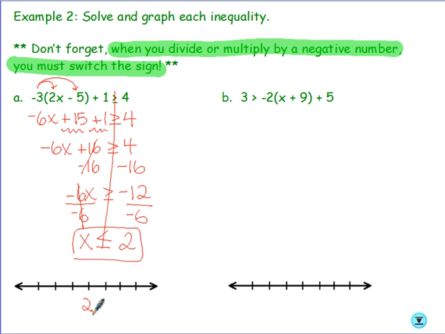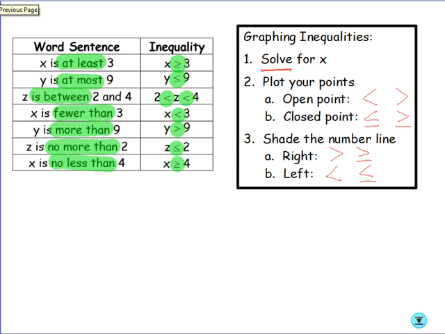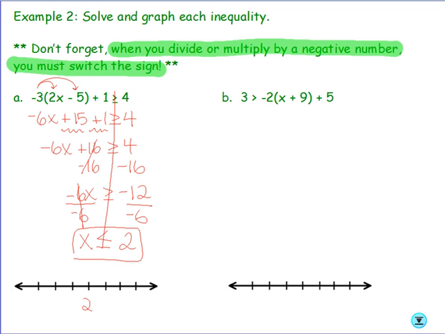Well, if we look back at our rules, when we have a bar underneath, we have a closed dot. So we are going to make a filled in dot at that 2. Then, because the arrow or the symbol is pointing to the left, I am going to shade to the left. And that is all there is to it.